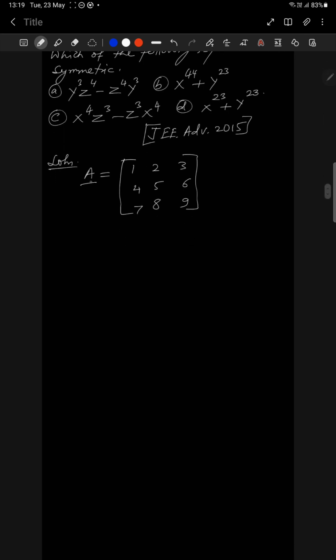If A is equal to 1, 2, 3, then 4, 5, 6, 7, 8, 9, any matrix, then the transpose of A will be written as: this row will become the first column 1, 2, 3, this 4, 5, 6 will become the second column, and 7, 8, 9 will become the third column.